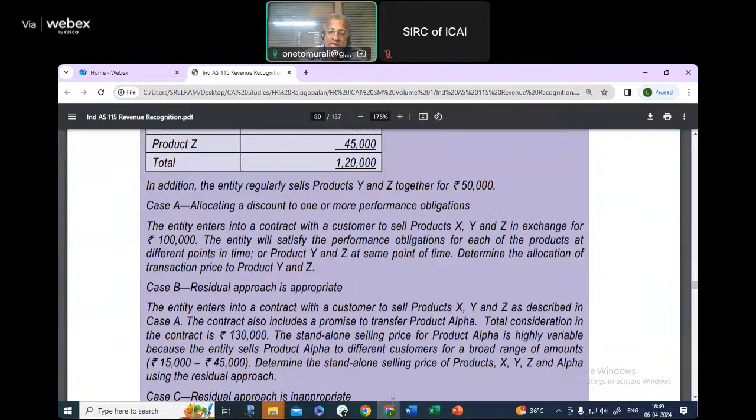Here X, Y, Z, and we are expected to have one more product that is called alpha, and the price is 130,000.